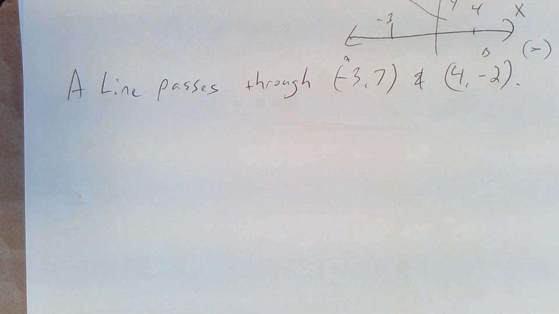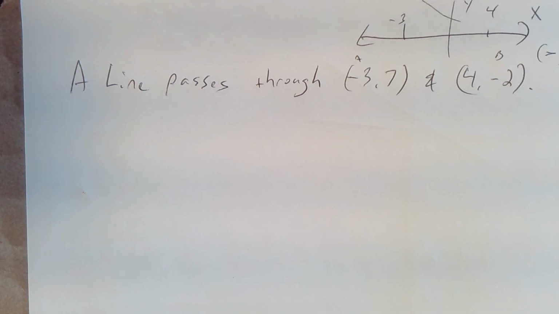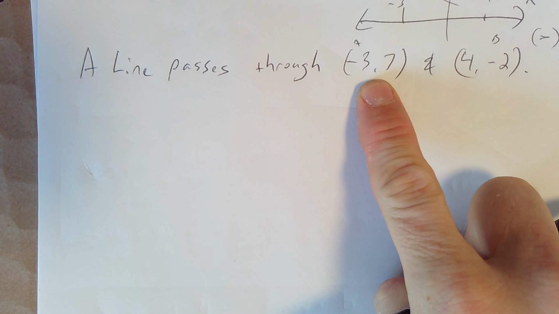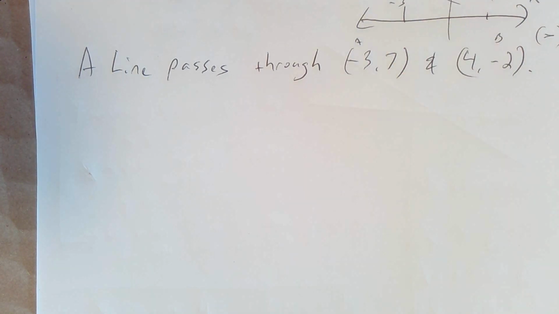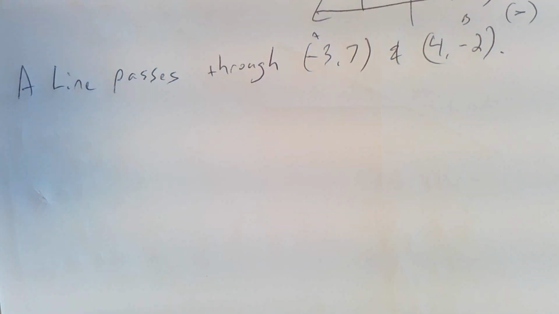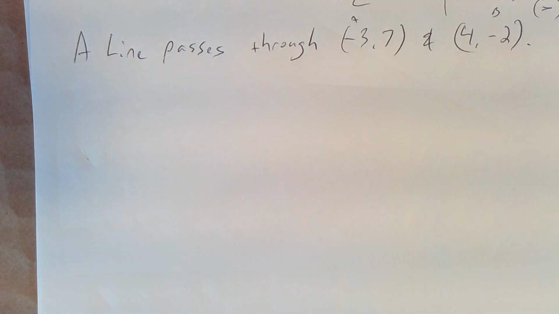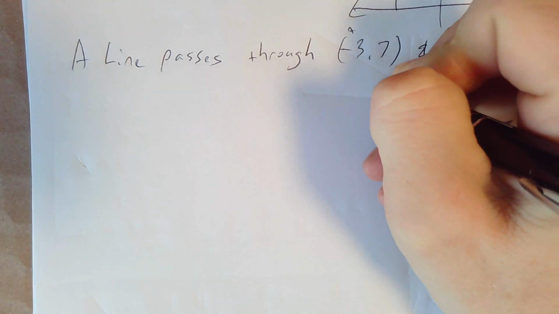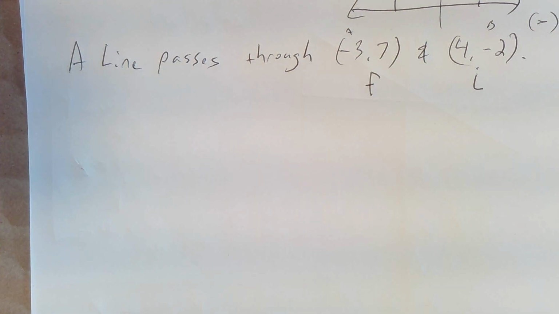All right, let's go ahead and do the math. I'm going to prove to you that you can start with B and end with A, moving backwards, and still have a negative slope. So I'm going to say that, doing it backwards, this is my initial and this is my final, even if I guessed it wrong.